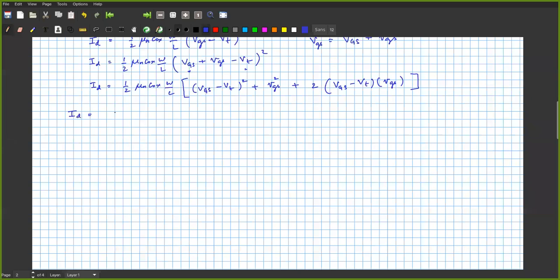So ID equals half, this I will write as Kn prime, so half Kn prime W by L into VGS minus VT whole square, plus half Kn prime W by L, VGS minus VT into vgs, plus half Kn prime W by L vgs square.